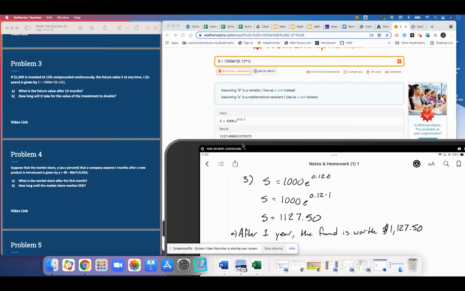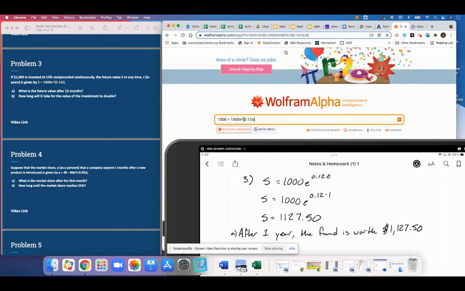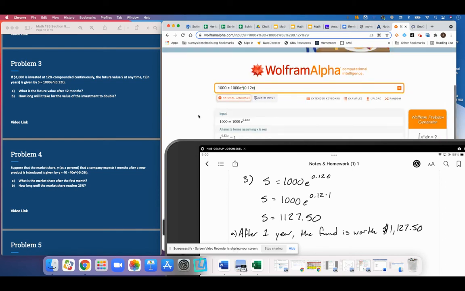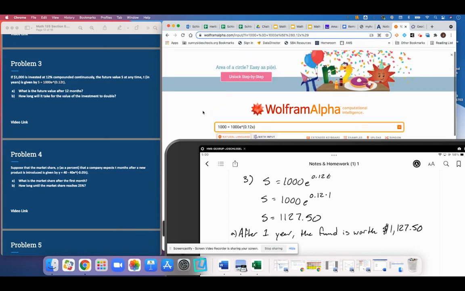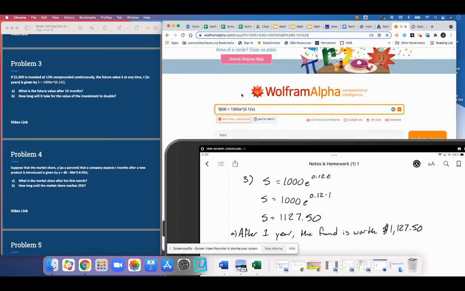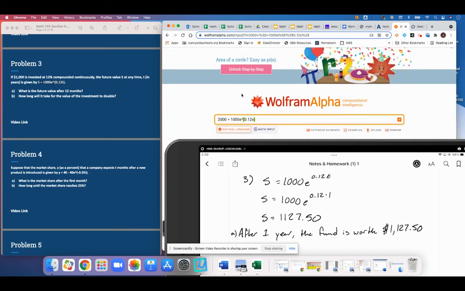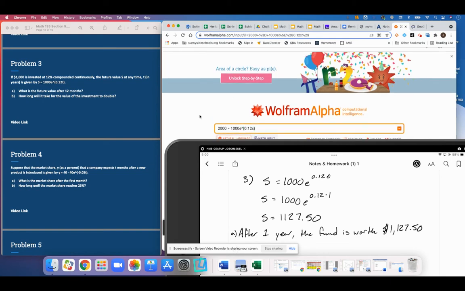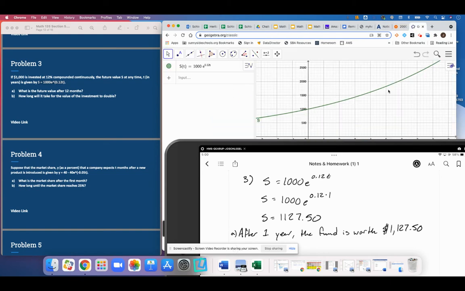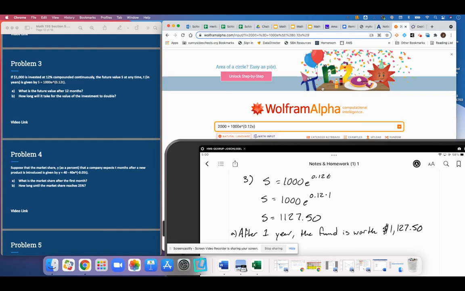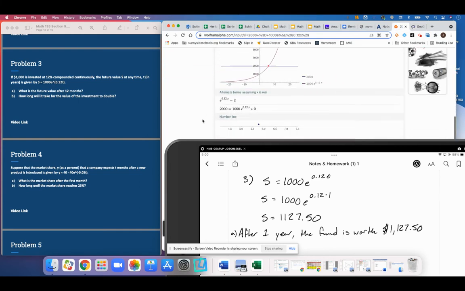Then we were asked how long it will take for the value of this investment to double. Because I did put it in GeoGebra, I'm going to take a look at a couple other things, because I'm really curious how much this is worth after 20 years. But in order for this to double, I don't need 1,000, everyone, I need 2,000. So I'm going to put 2,000 in there for the future value. I think I had predicted from GeoGebra right around 5.75 years. Let's see what Wolfram says.